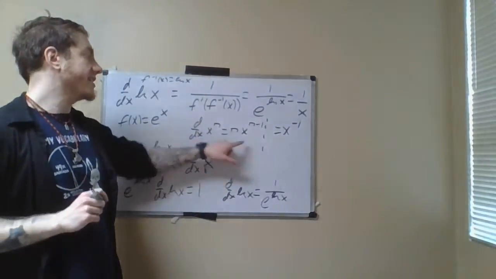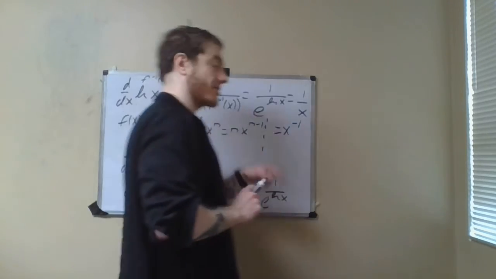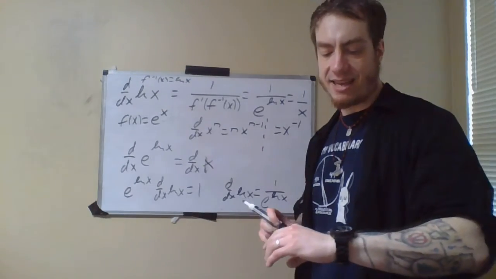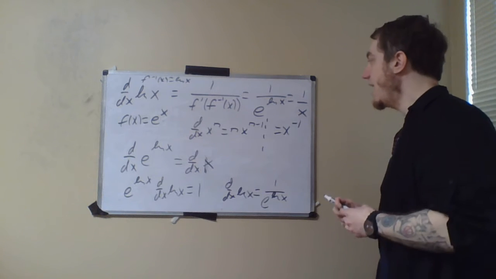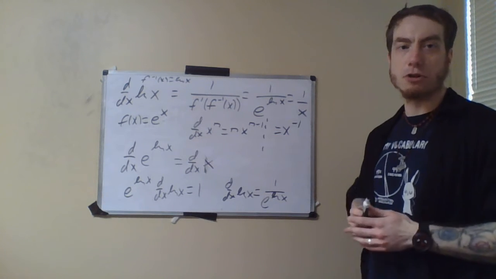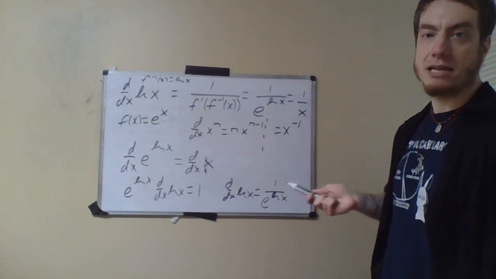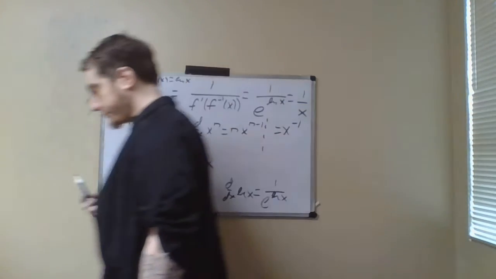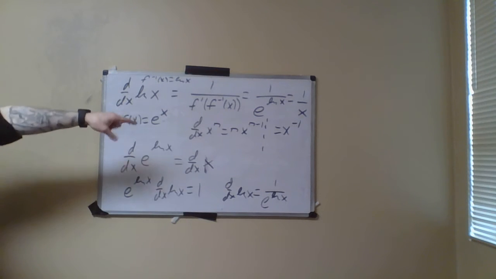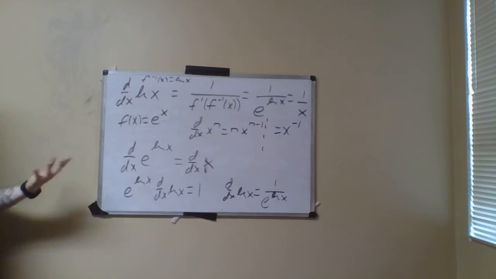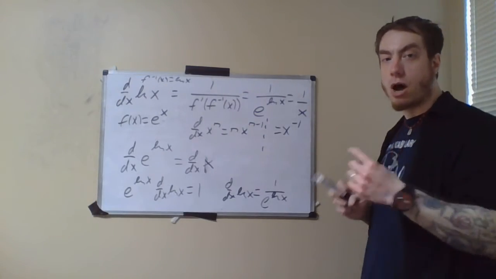The only thing you cannot end up with over here is an x to the minus 1, because in that case it's just multiplied by 0 and it goes away, and you're taking the derivative of a constant. So this is a special case with powers of x. This power of x shows up as a derivative of the natural log function.